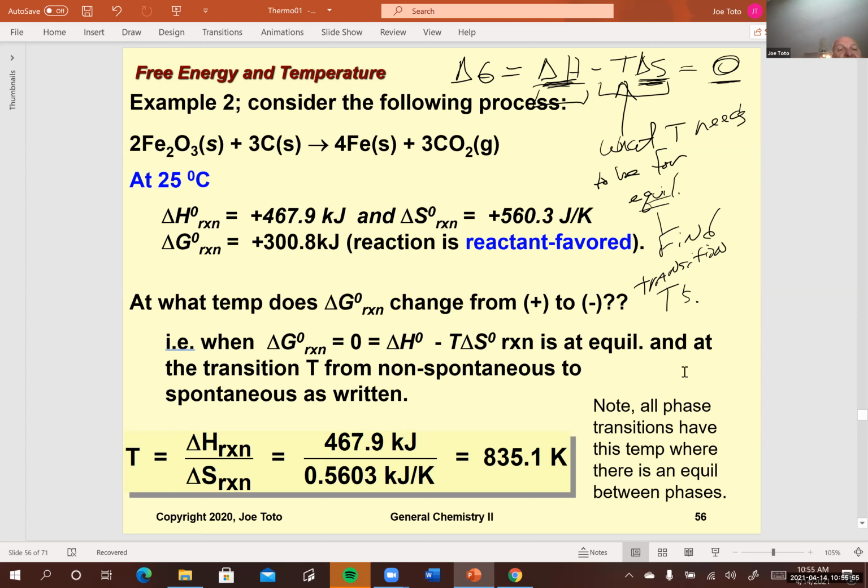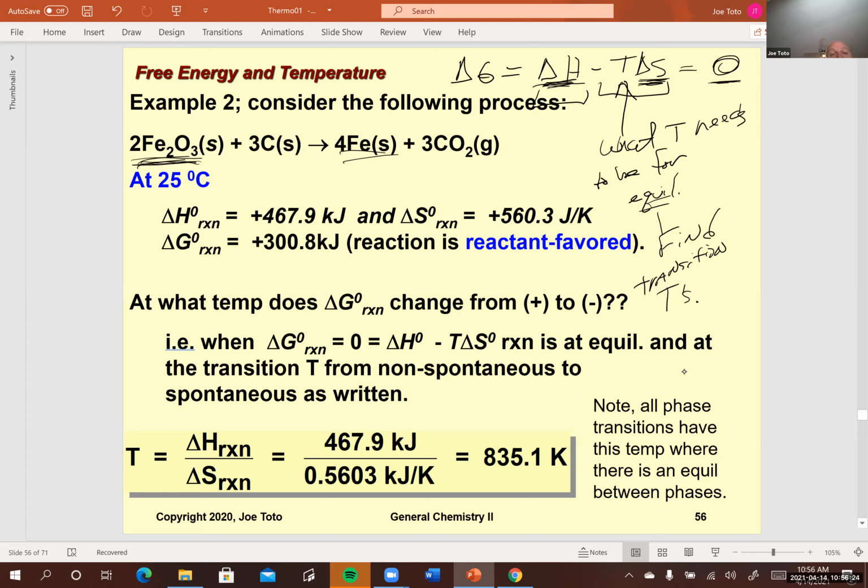But essentially, here we have another reaction. This is rust, iron oxide, and iron. Now, just look at this equation. Does rust naturally form from iron, or do we get iron naturally from rust? I.e., which way is this going to take place naturally?